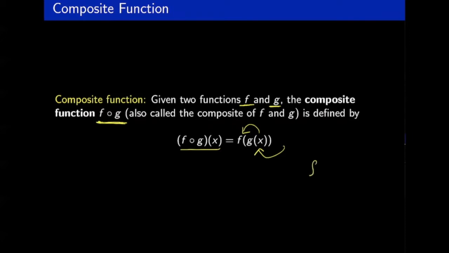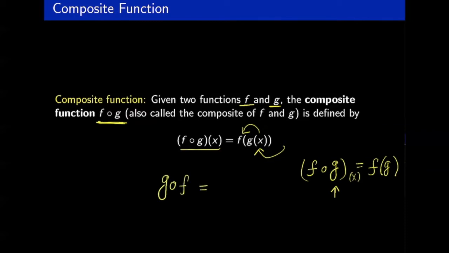So when you're composing the functions f and g, if g is on the right hand side, then this is how the composite function is defined: the function g will become the input of the function f. And you can also define the composite function g of f.